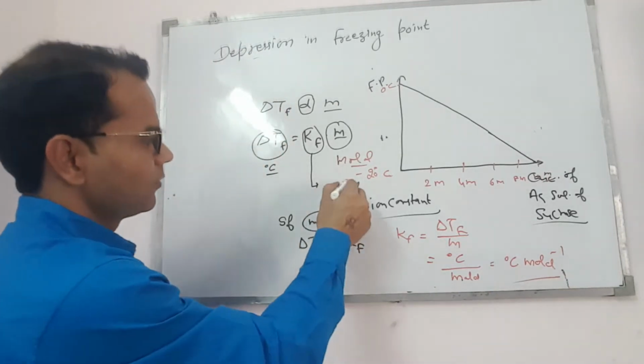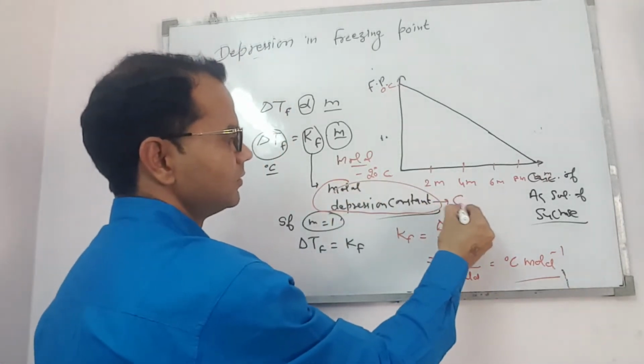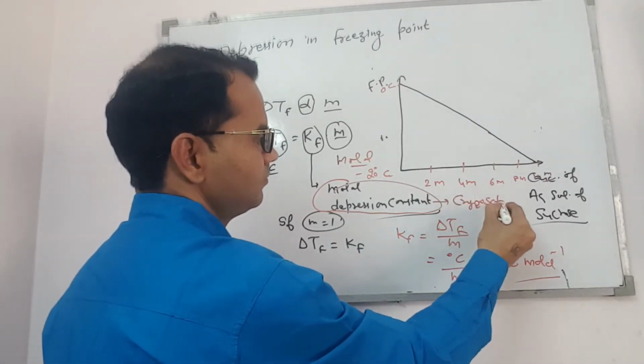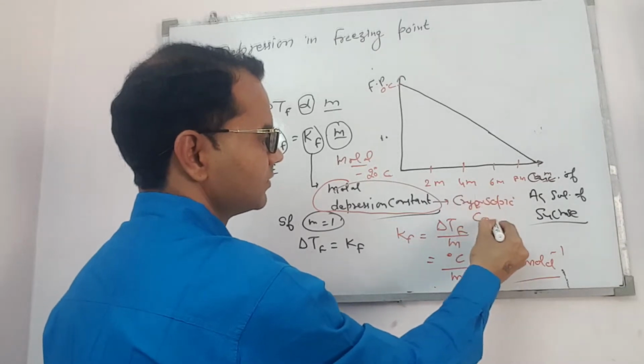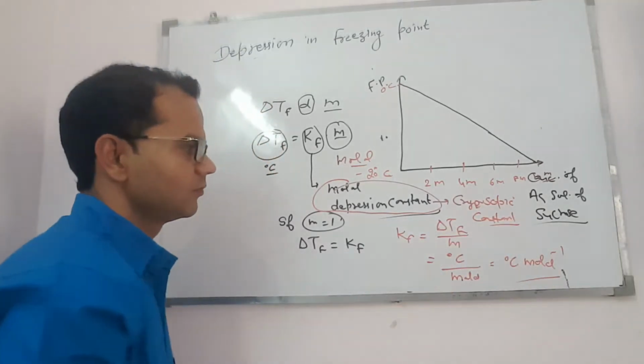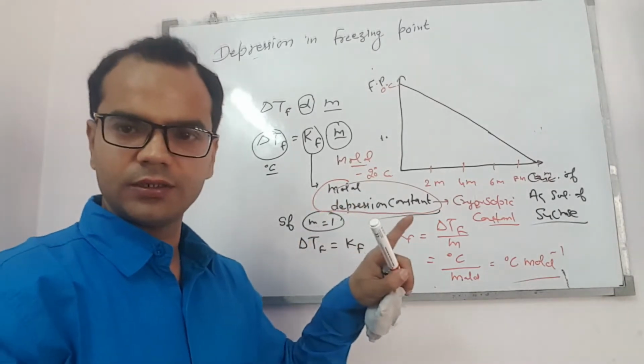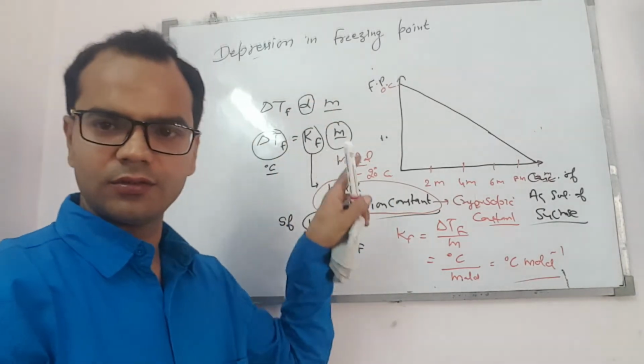This molal depression constant is also called the cryoscopic constant. We can find one more unit after proving that this is a colligative property.